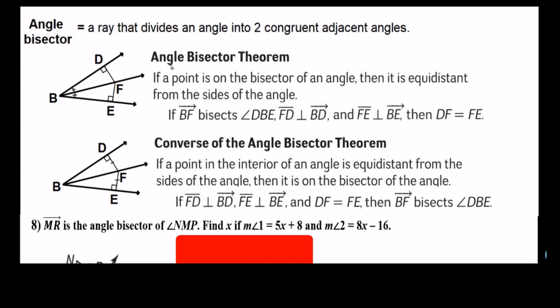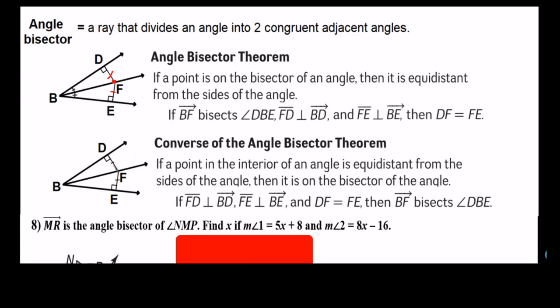We have some theorems that relate to angle bisectors. The angle bisector theorem says if a point is on the bisector of an angle, then it is equidistant to the sides of the angle. That means the same distance to both of the lines. You need to have the 90-degree angle, and this distance will be the same.